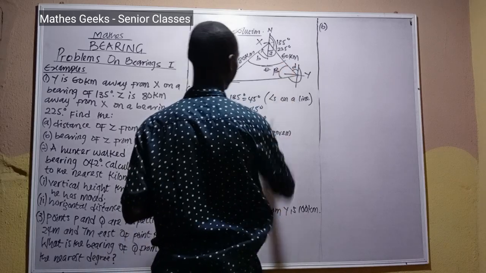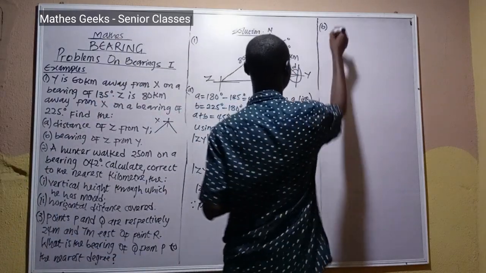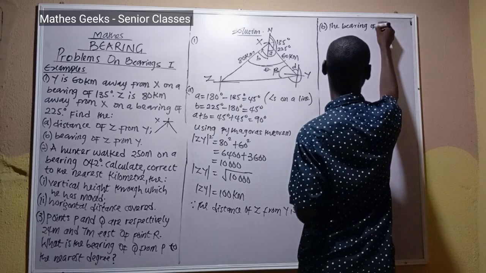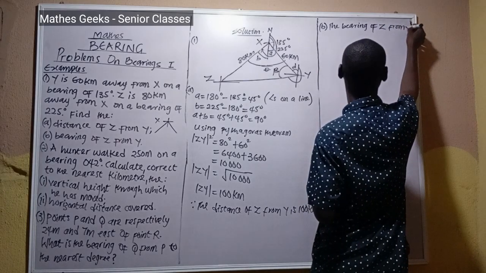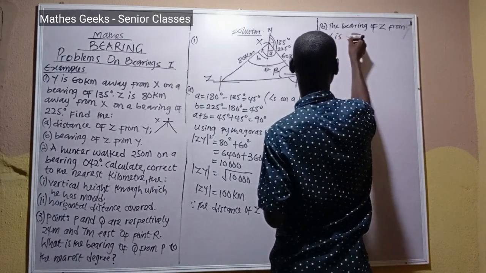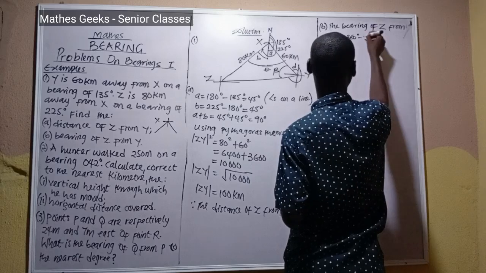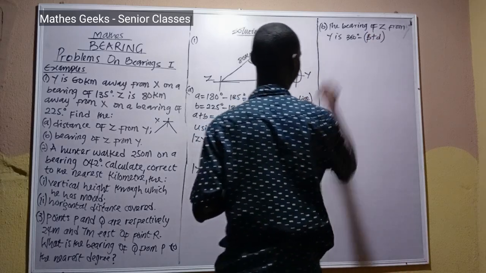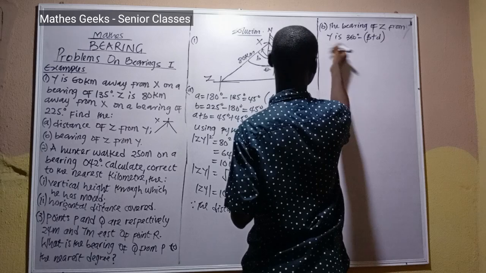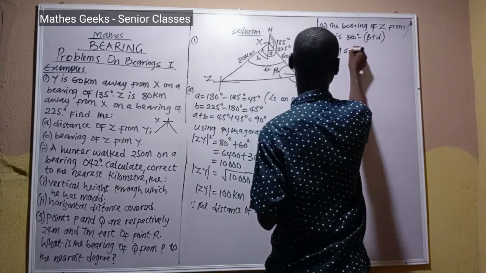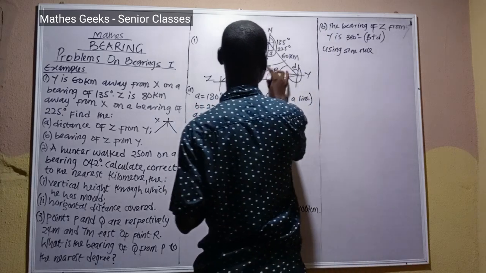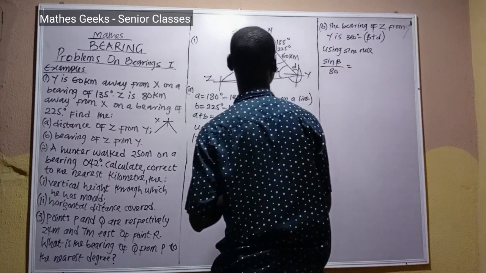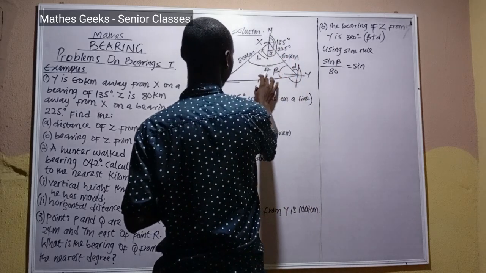Therefore, the bearing of Z from Y is 360 degrees minus beta plus D. So we need to get the value of beta and the value of D. Let's get beta using the sine rule: sine beta over the side facing beta, 80, equals sine 90 degrees.